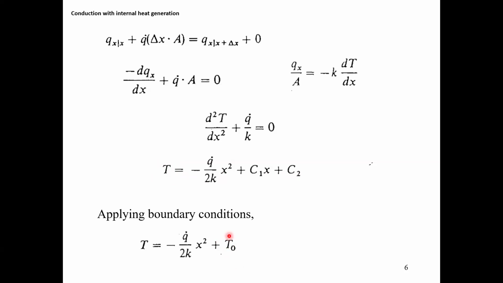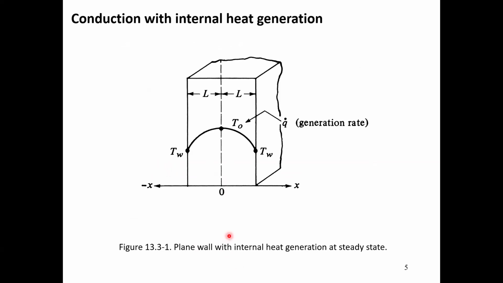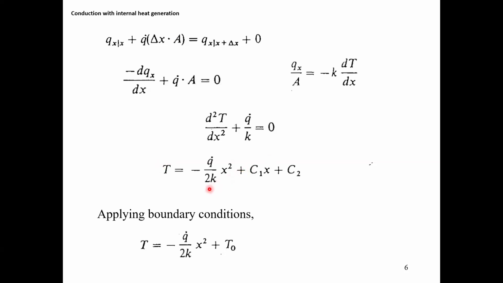Likewise you can solve for C1 by substituting at x is equal to L, T is equal to TL, and we also know that C2 is equal to T naught. With that, solve for C1 and substitute both C1 and C2, then you will get an equation. This equation here is incomplete.